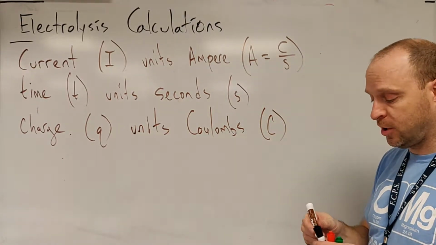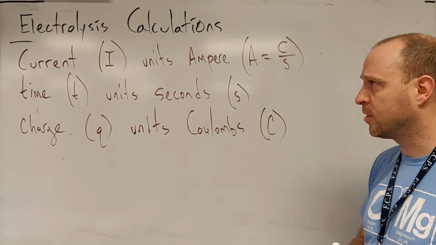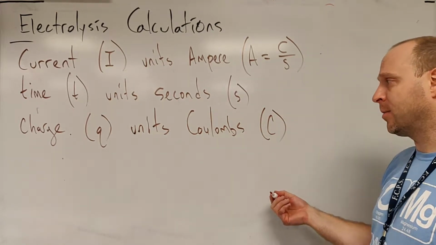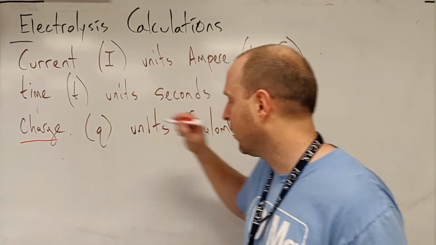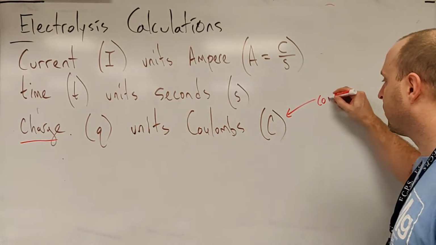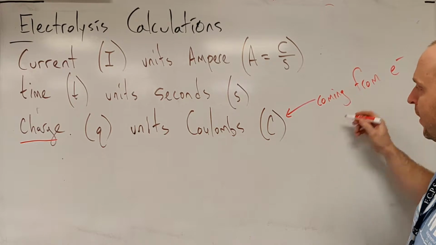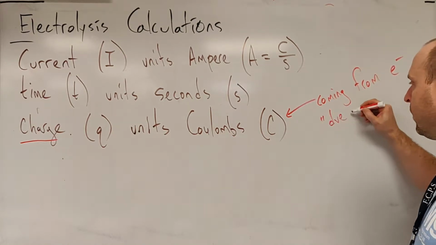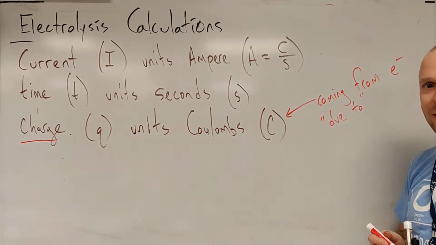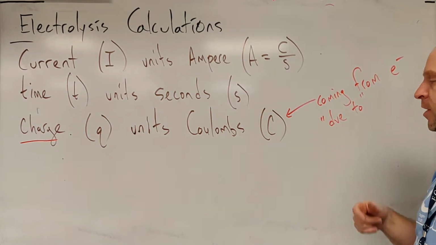And where is this charge coming from? If we're dealing with electrolysis reactions and we're dealing with electrochemistry, the charge that we're dealing with is coming from electrons. And you may think of that as it's due to the electrons. So why do we have a charge? We have a charge because we're using electrons.